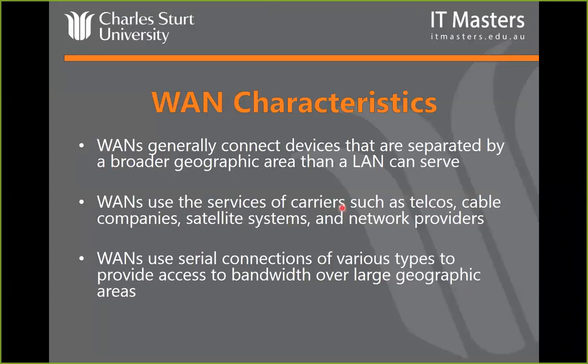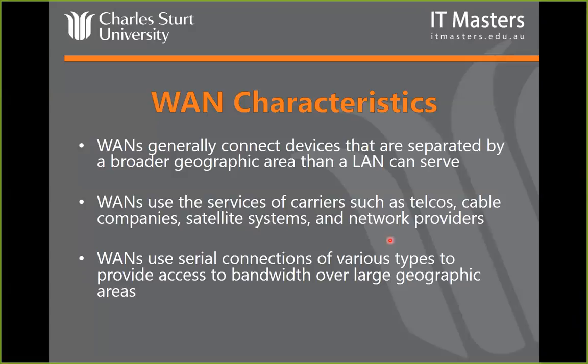Yes, I know you can use wireless and microwave over short distances, and these are frequently used, but they're still technically considered a WAN technology rather than a local area network technology, which is typically constrained within a single site or building. WANs make use of services provided by carriers such as telcos, cable companies, satellite systems, and other network providers. Again, we'll look at what those technologies actually are in a second.